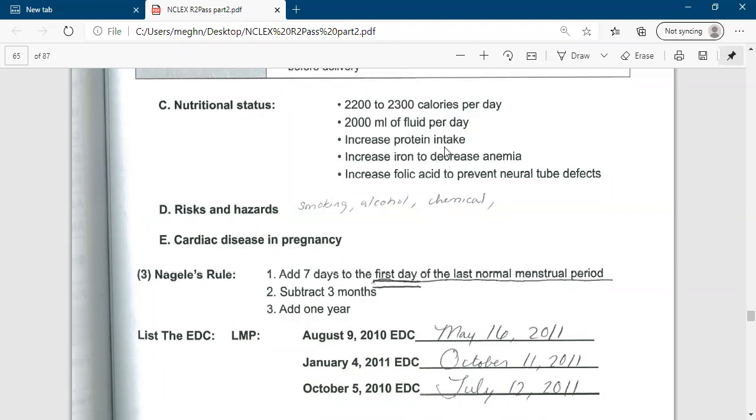If the mother is deficient in iron, she develops iron deficiency anemia. So increase the folic acid. Folic acid deficiency causes neural tube defect, so folic acid is to prevent neural tube defect.